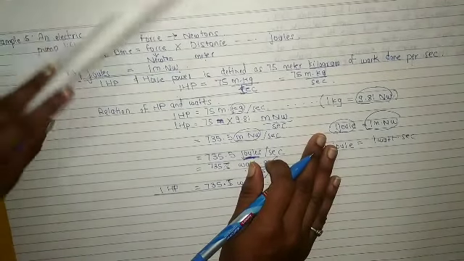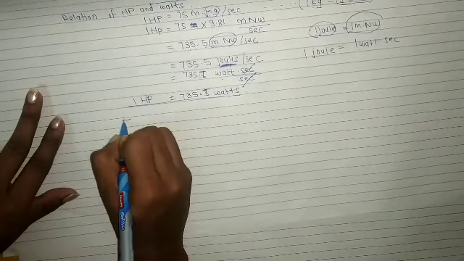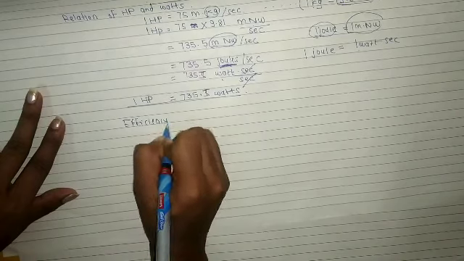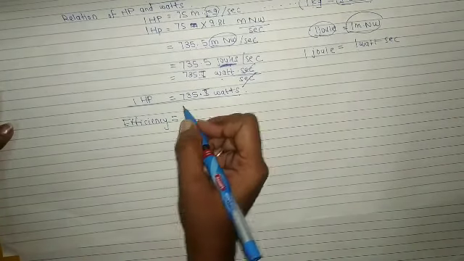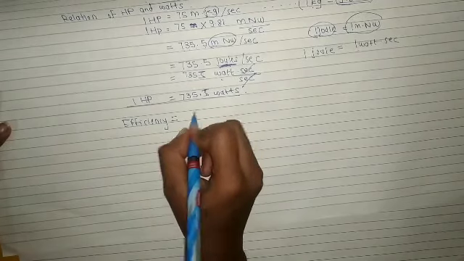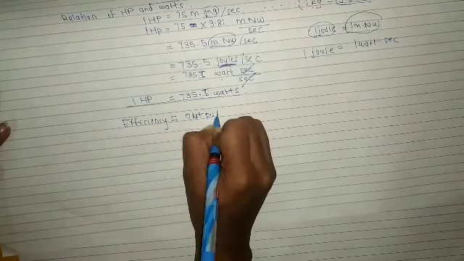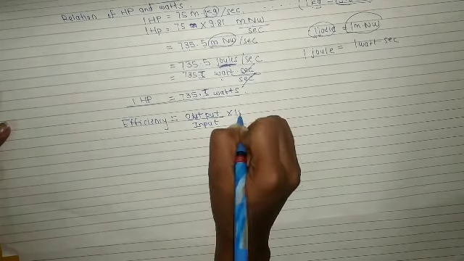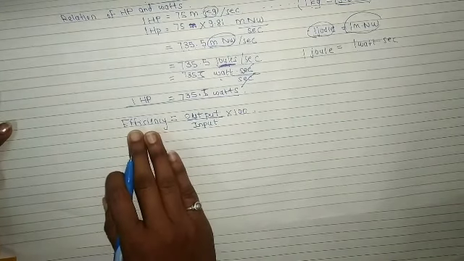Now we'll see what is efficiency. So efficiency is defined as the ratio of output upon input into 100. So efficiency is measured in percentage.